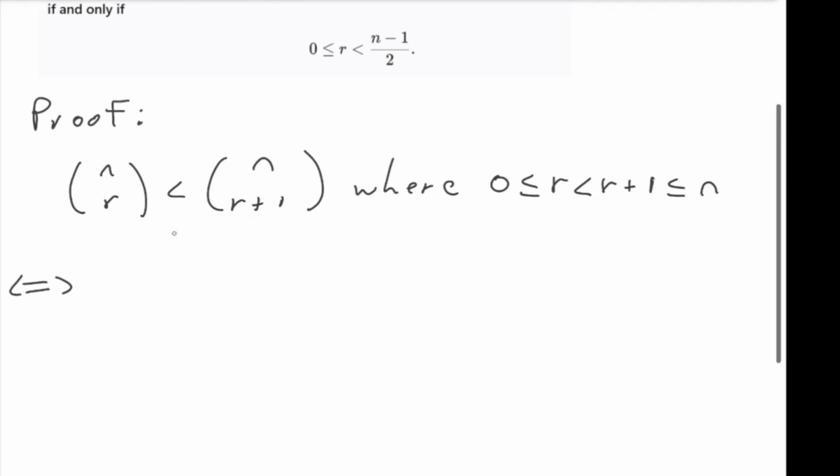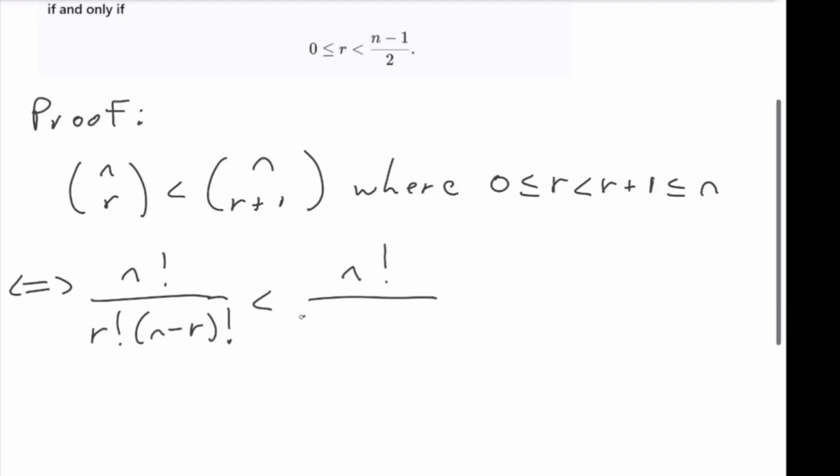So we're just going to rewrite this as n factorial over r factorial, (n minus r) factorial, less than n factorial over (r plus 1) factorial, and it'll be (n minus r plus 1) factorial.